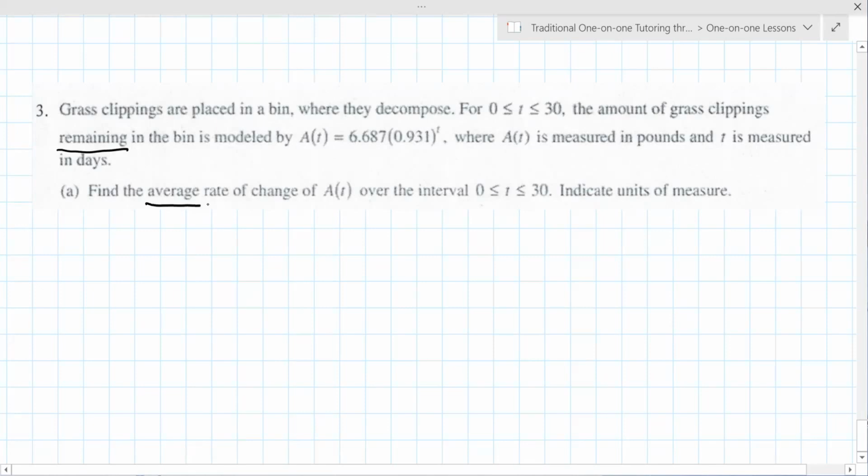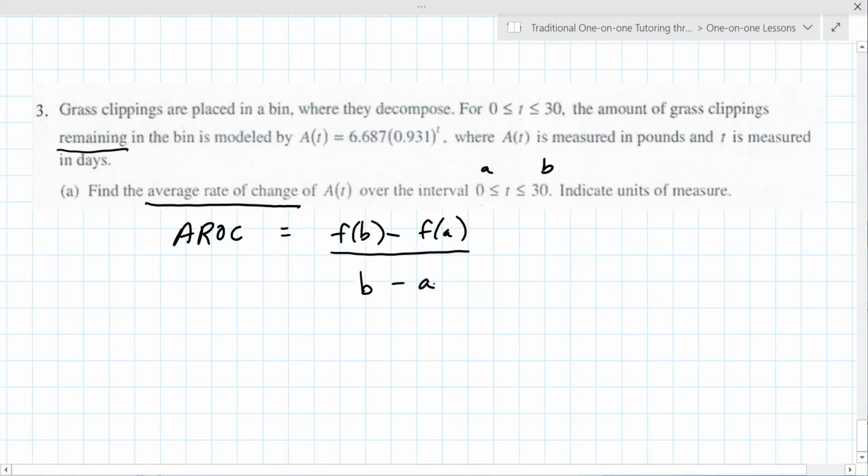The first question says average rate of change. Average rate of change is not even a calculus concept. It's a concept you would see in a previous course, but it has a formula, f of b minus f of a over b minus a, except this time you're doing A of 30 minus A of 0 over 30 minus 0.